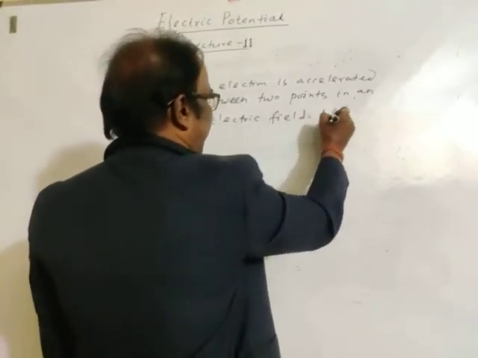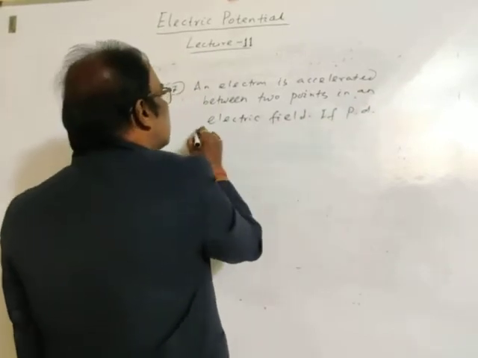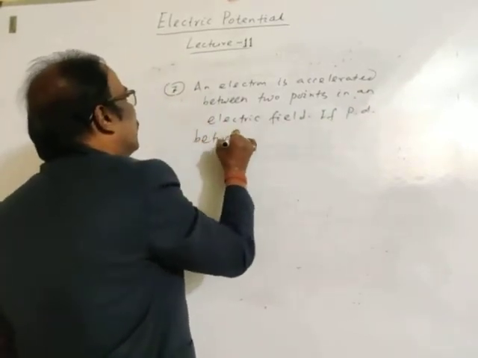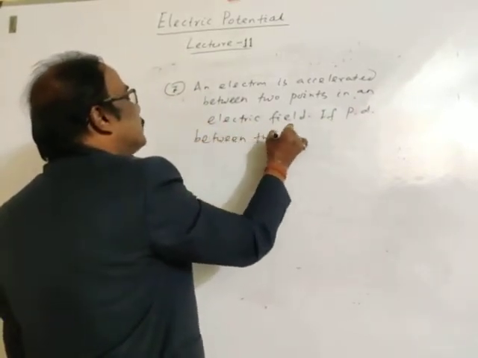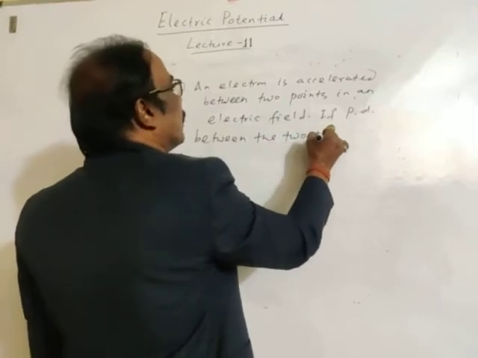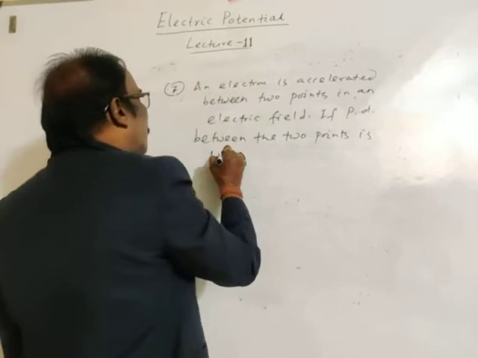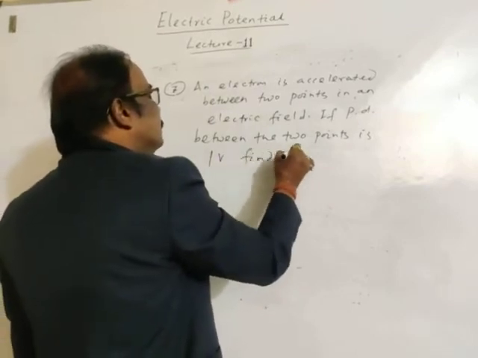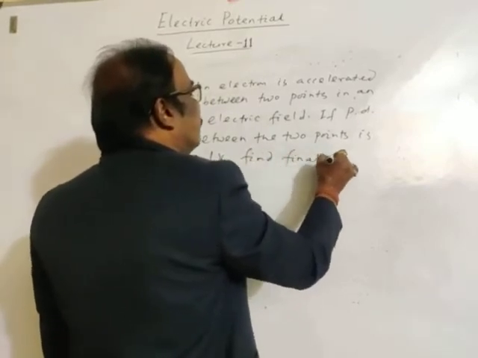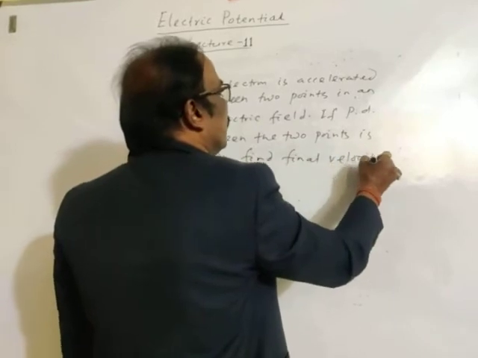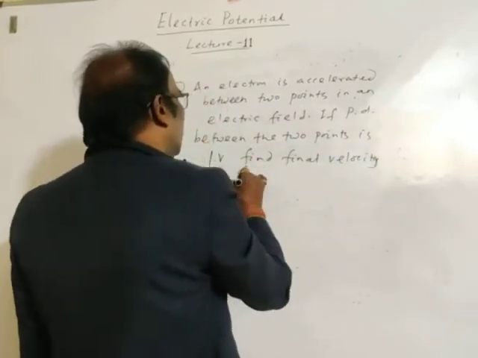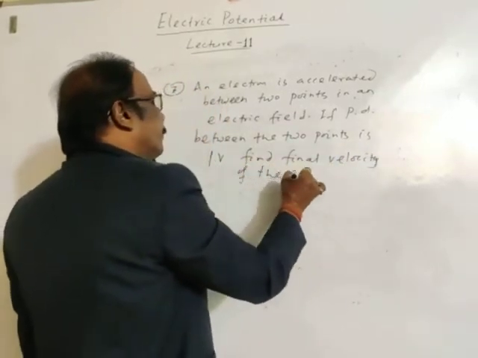If potential difference between the 2 points, very easy, is 1 volt, find final velocity of the electron.